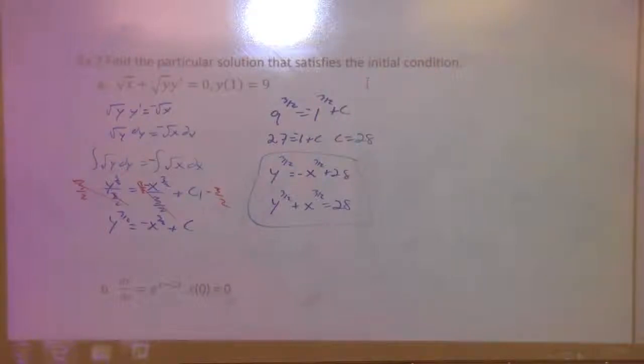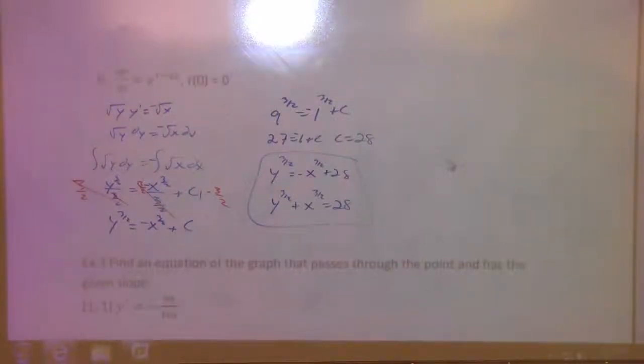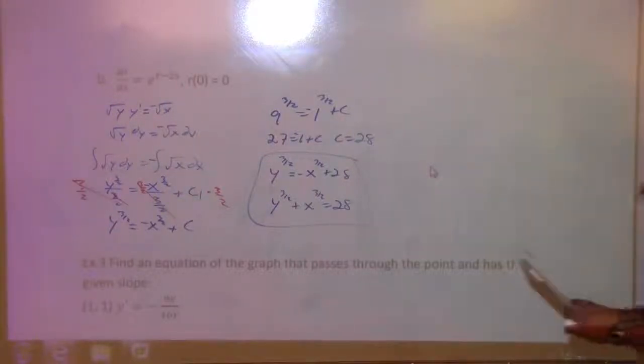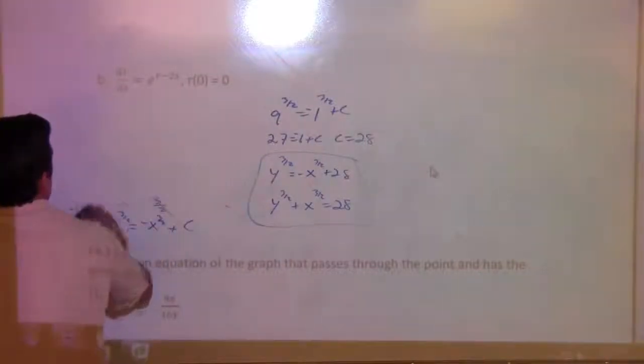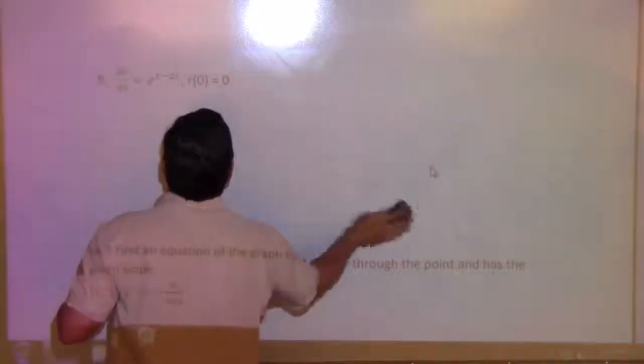Okay, I'm going to go on to part B now. It says dr ds equals e to the r minus s.